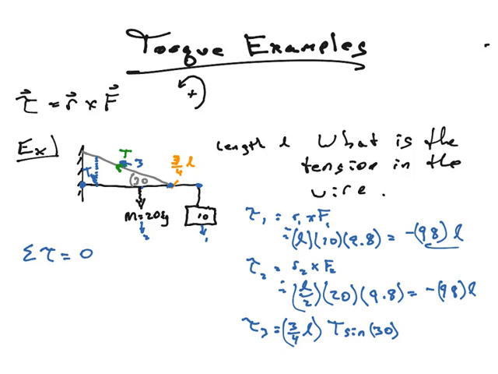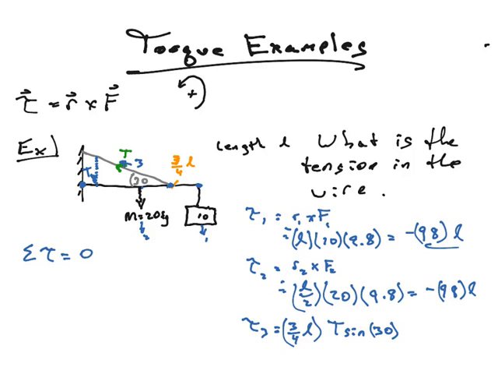That's the force. The force is tension, called T, but I only want to know how much of that T is in the y direction. So I'll make my triangle just like I've been doing the whole semester, and I get the y component of the force, which is T times sine theta, or sine 30.